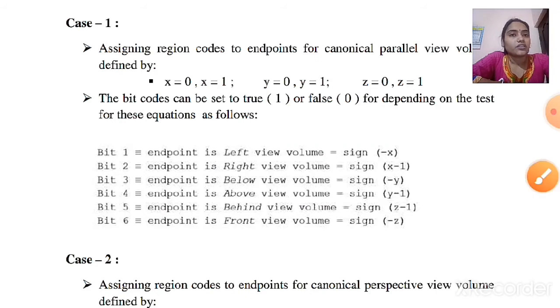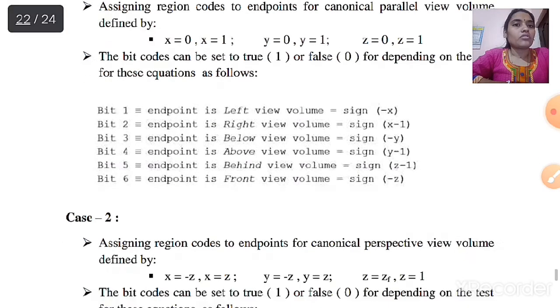After that, this portion is only in case 1. In case 1, if the bit is set for x equal to 0, we have checked. If the bit is set to 0, in this way you can calculate the x value. If bit 1 is 0, that means it is false, then in this way you can calculate or test the value.